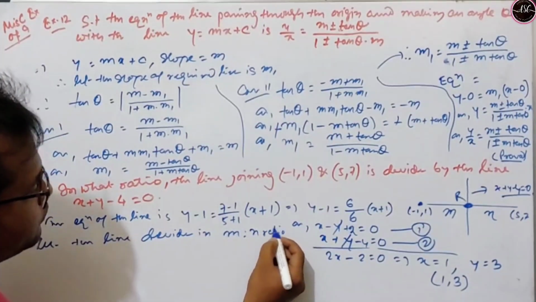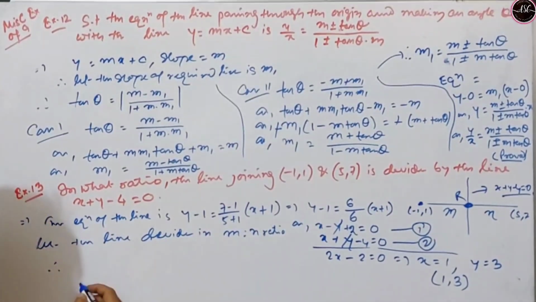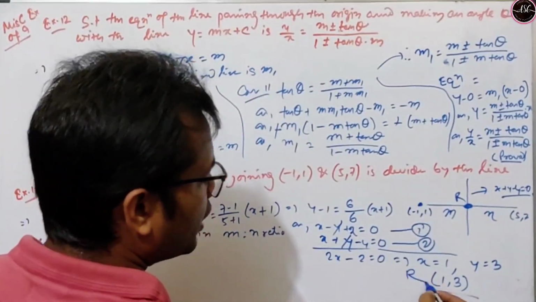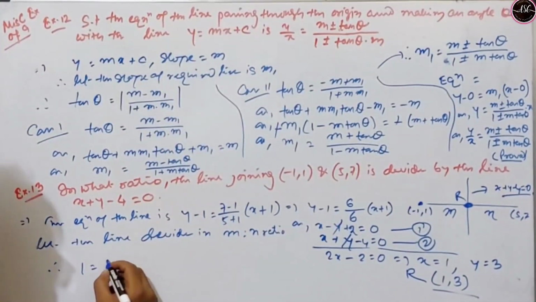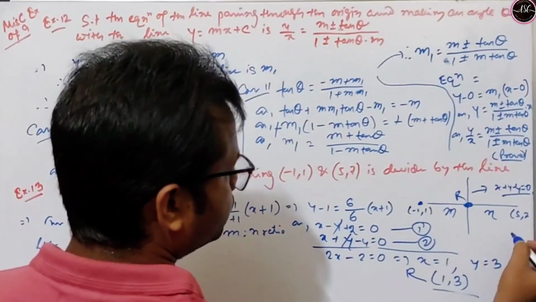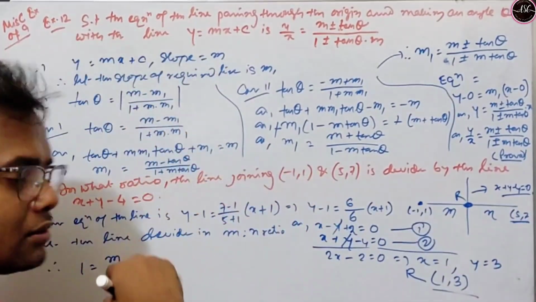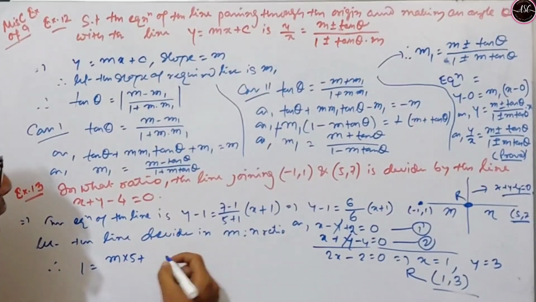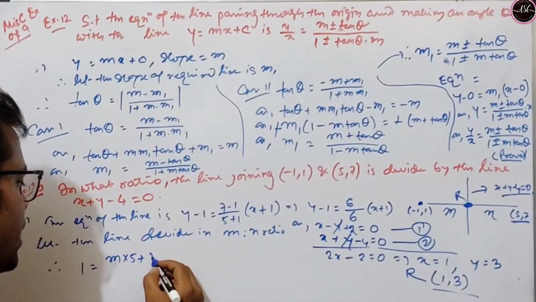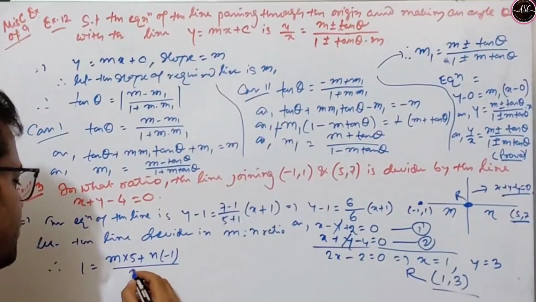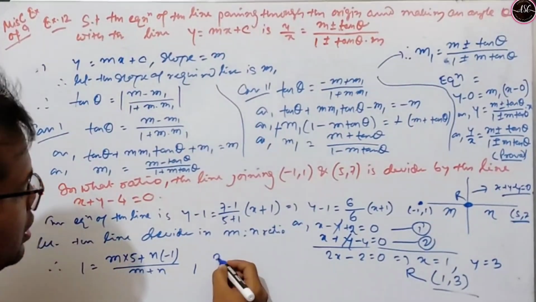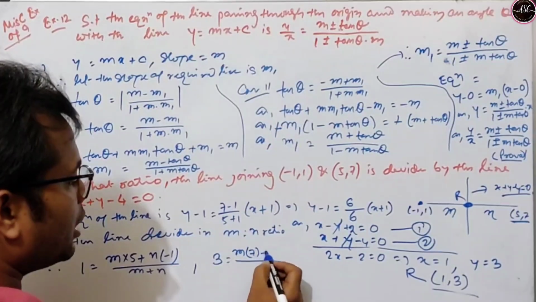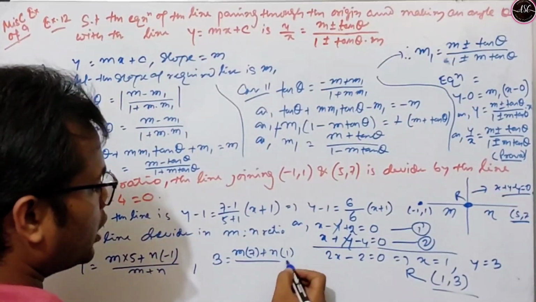Therefore we can write the coordinates of R: 1 equals (m into 5 plus n into minus 1) divided by (m plus n), and 3 equals (m into 7 plus n into 1) divided by (m plus n).